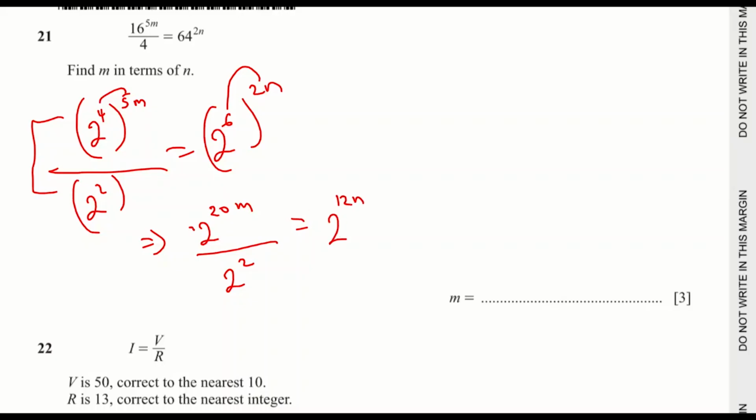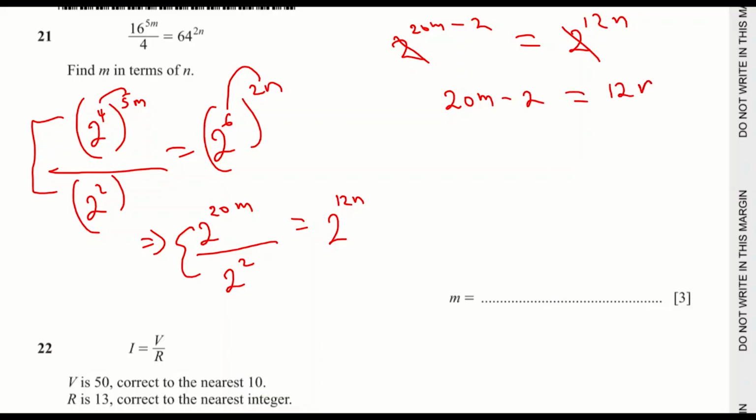Now I can easily use division of indices by selecting one of the bases, then subtract the powers: 2 to the power of 20m minus 2 equals 2 to the power of 12n. Since they have the same base, I can cancel out the base. So I have 20m minus 2 equals 12n.